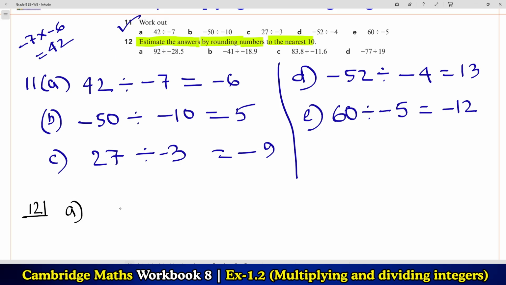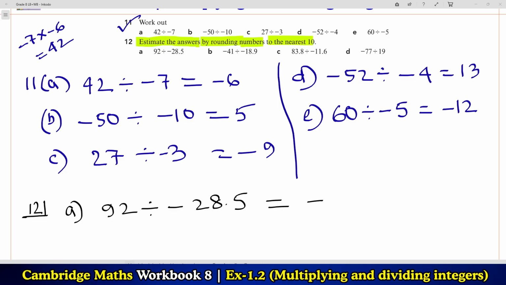12a. Here is 92 divided by -28.5. So first of all, plus divided by minus will be minus. Next, 92 divided by 28.5.